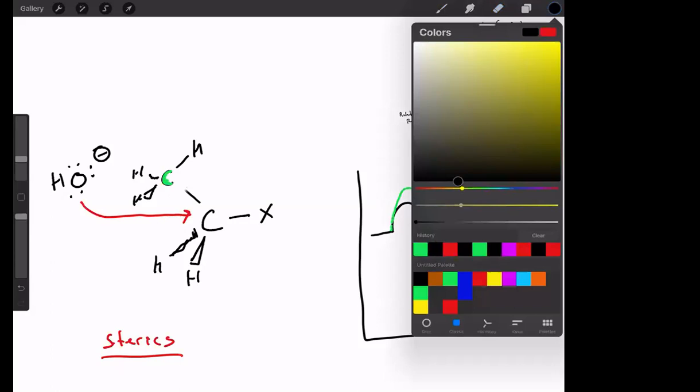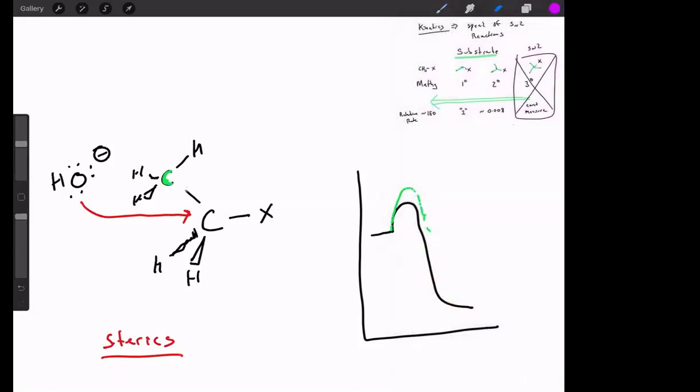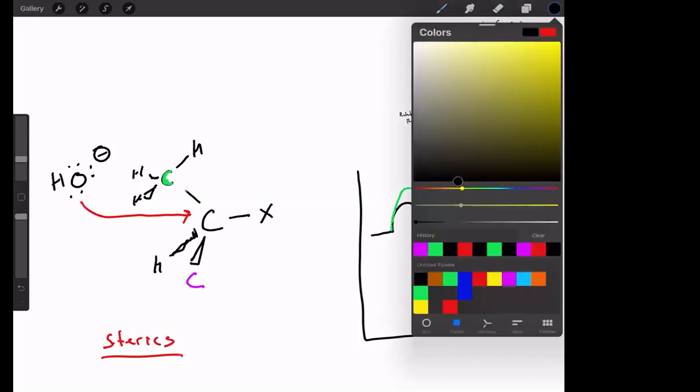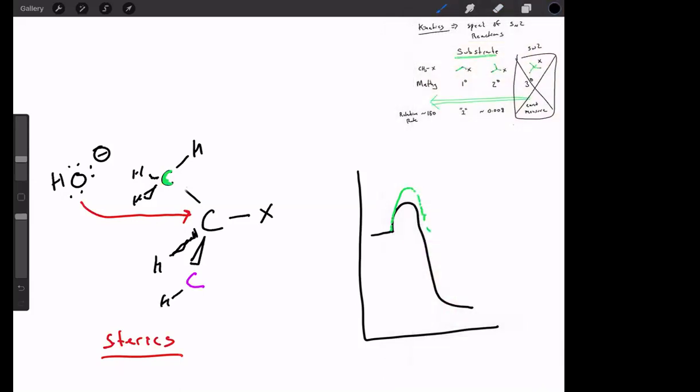But if I continue to do this and I continue to replace CH3 groups with other alkyl groups, then I continue to provide more essentially stuff in the way, and I continue to raise the activation barrier.